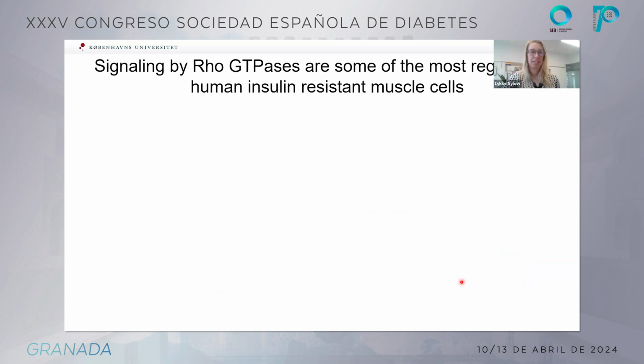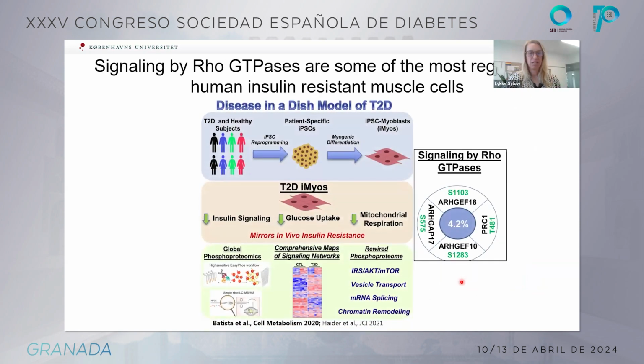And two really nice studies came out from Ron Kahn's group some years ago, showing that if they took stem cells from human skeletal muscle of controls and type 2 diabetic subjects, cultured them, they could see that what differentiated the healthy and the insulin-resistant cells was very much an alteration in signaling by Rho GTPases.